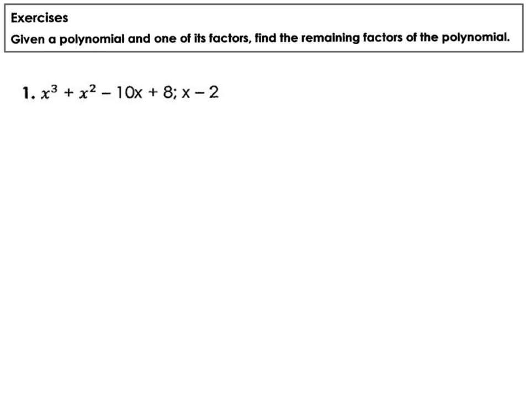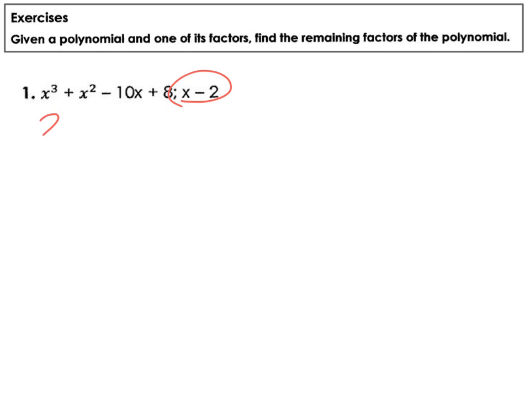All right, so let's do another example of this. We're given a polynomial and we're given one of its factors, x minus 2. Now we want to find the remaining factors of this polynomial. So we're going to use synthetic substitution to see if x minus 2 is a factor. We need to get a remainder of 0 by the factor theorem to show that x minus 2 is a factor.